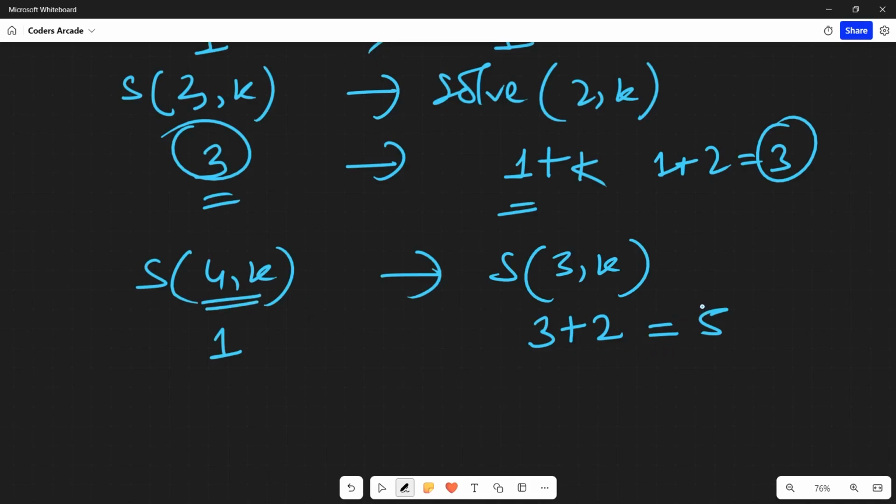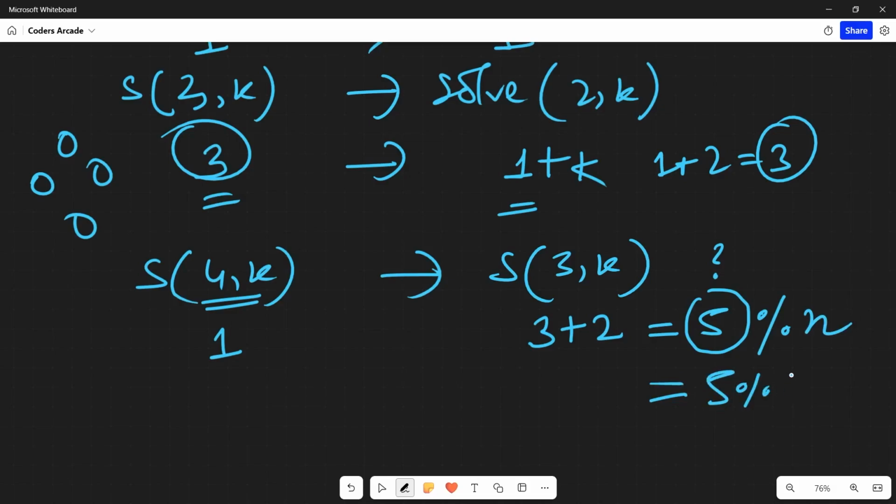Am I anyhow getting 5 as the answer? Just think about that. There are only 4 friends in the circle. Can I ever get 5 as the answer? Not possible, right? So if your answer is going beyond the given value of n, then you have to do modulus of n. That means 5 modulus n, where n is 4, becomes 1.